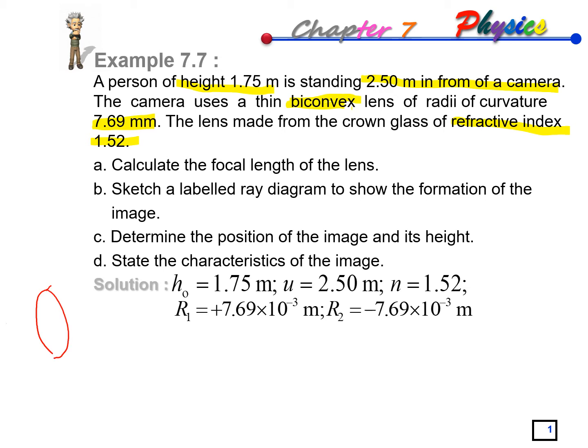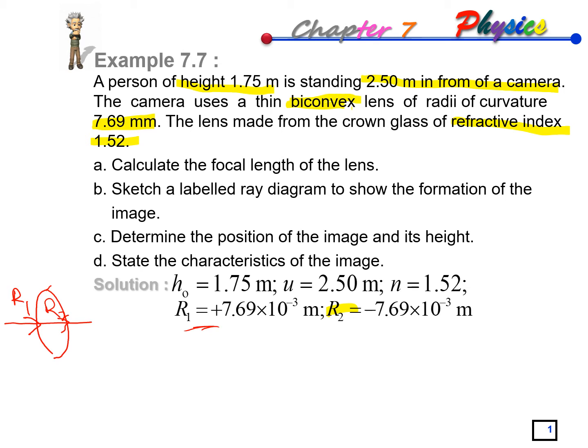Let's say you have a light ray traveling, so this will be R1, radius 1, which is located at the convex surface, which will be a positive value. And then over here R2, which will be a concave surface, so that means you will have a negative value for R2.